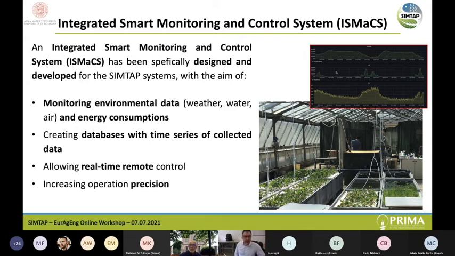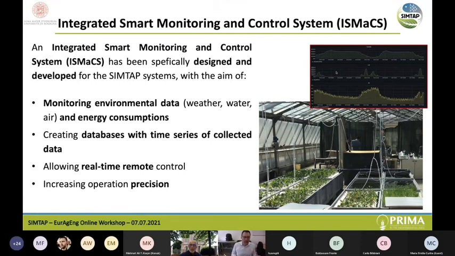Our system is able to monitor all the environmental data, which means weather data outside, and water and air data inside. You've seen that, for example, in Pisa and in Turkey, we have closed or protected environments, while, for example, in France, we have an open pond situation.